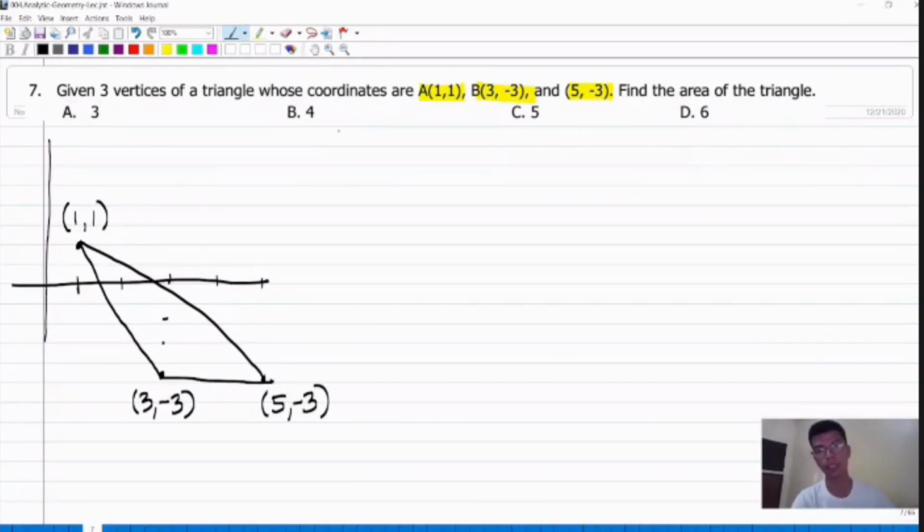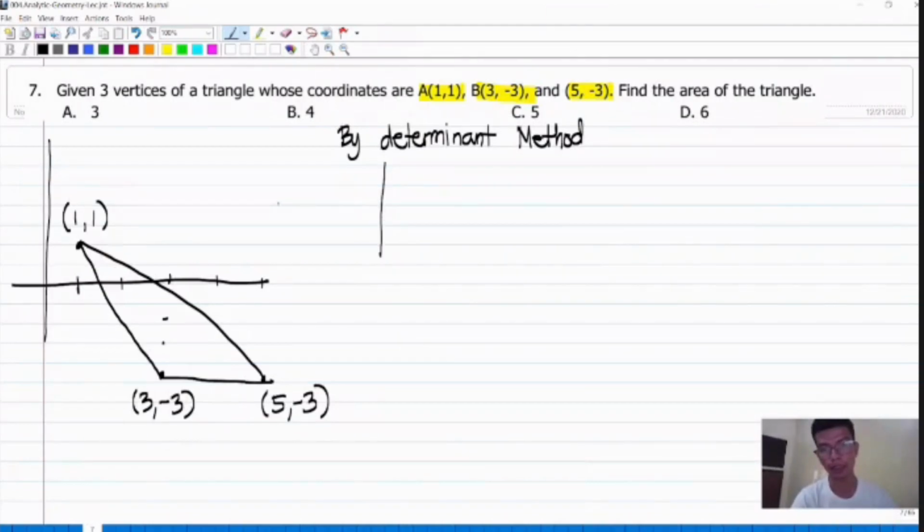To solve for the area of the triangle, we can use two methods. First, the determinant method. If we have a determinant, we must have a matrix, say matrix A, since we can do this on the calculator.